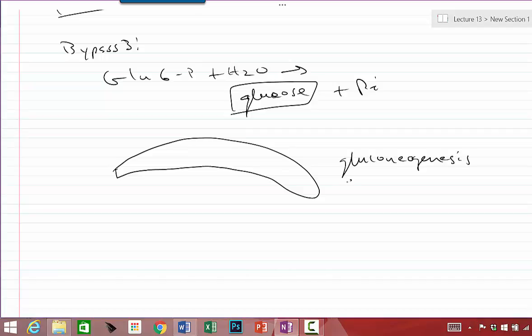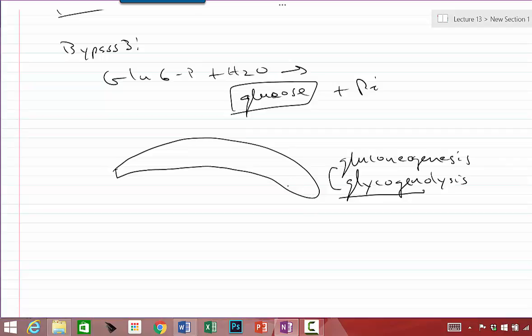Okay, there's another way that it can make glucose, and that's through a process called glycogenolysis. Okay, glycogen is a polymerized form of glucose. Lysis means that it's going to get lysed. This breaks down large, complex molecules like glycogen in order to produce glucose.